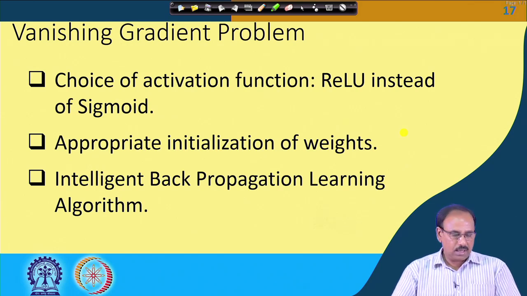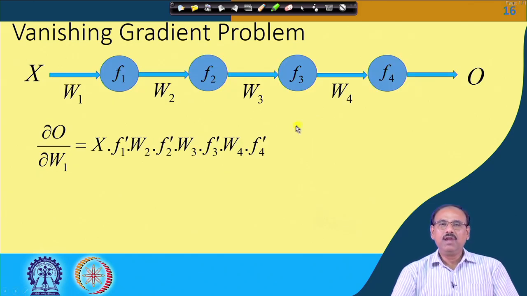And in this product, if all the terms are less than 1, then the final product will be very much less than 1, almost 0, negligible. And if it becomes almost 0, then when you try to update W1 as W1 minus delta times del W1, that del W1 term will almost vanish, and as a result, W1 will not be updated at all.